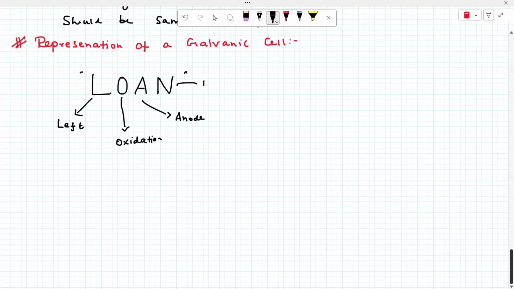N is negative. In a galvanic cell reaction, the left side is always the anode. This anode has a negative charge and undergoes oxidation. That is what I said with LOAN. Then what is on the right side? The cathode. What charge is it? Positive charge. Which reaction? Reduction. This way you can memorize. So with LOAN, on the left side oxidation takes place at the anode with negative charge.